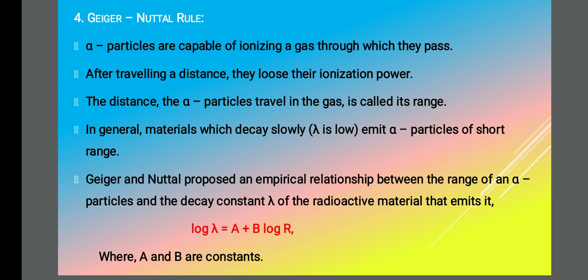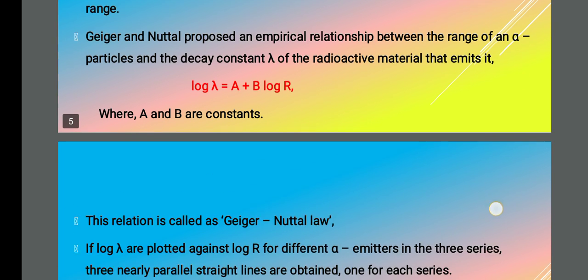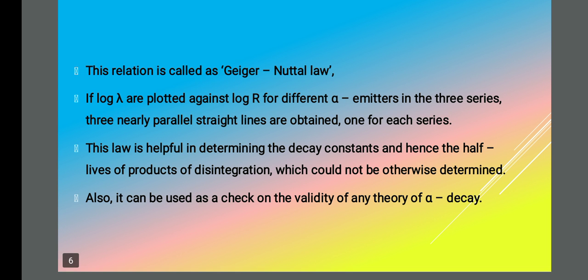Both the scientists have empirically related this range with decay constant lambda, and A and B in this equation are said to be constants. This relation, log lambda is equal to A plus B log R, we call the Geiger-Nuttall rule.